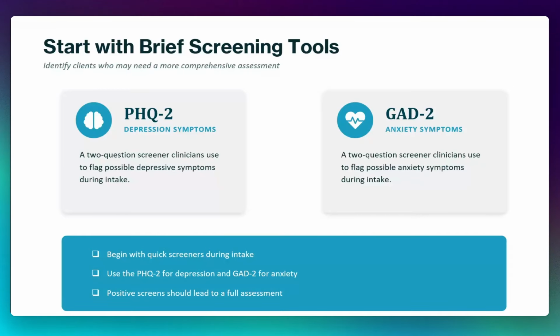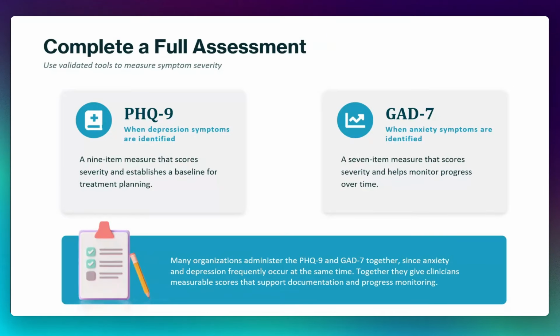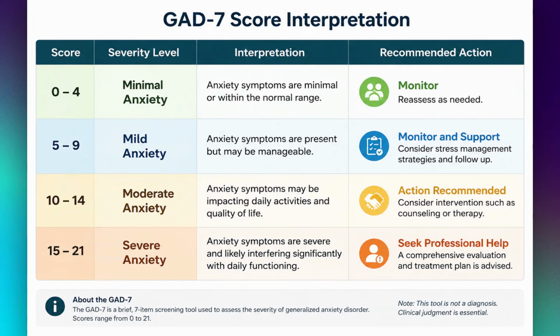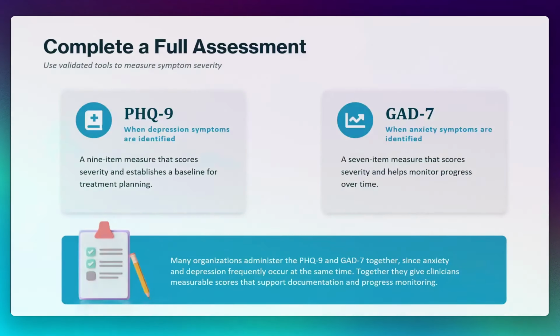Quick screener. PHQ-9 has 9 questions, and GAD-7 has 7 questions, allowing you to dive deeper into their mental health assessment. They give clinicians measurable scores that support treatment planning and documentation, while making it much easier to monitor client progress over time. Many organizations administer both assessments together because anxiety and depression frequently occur at the same time.